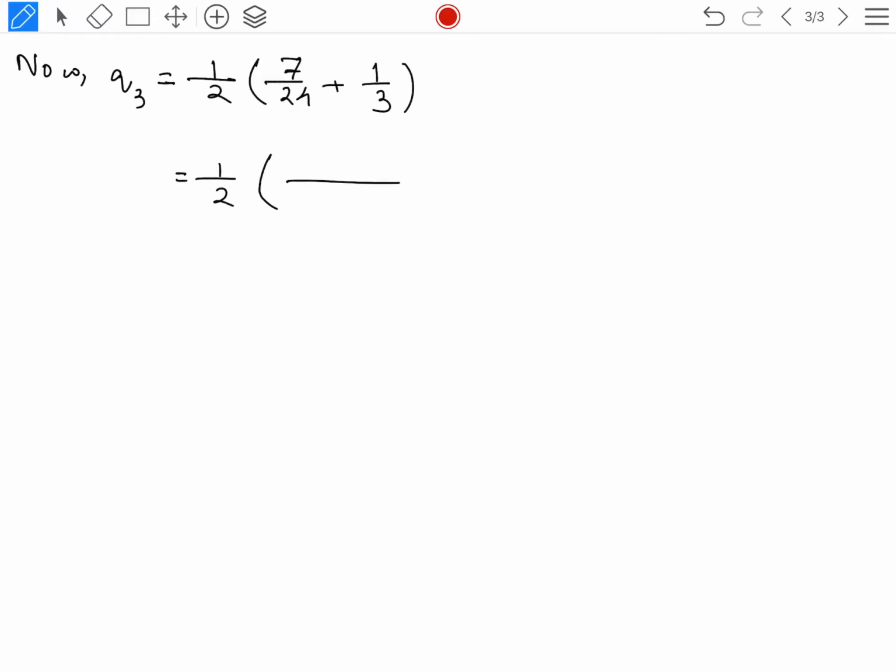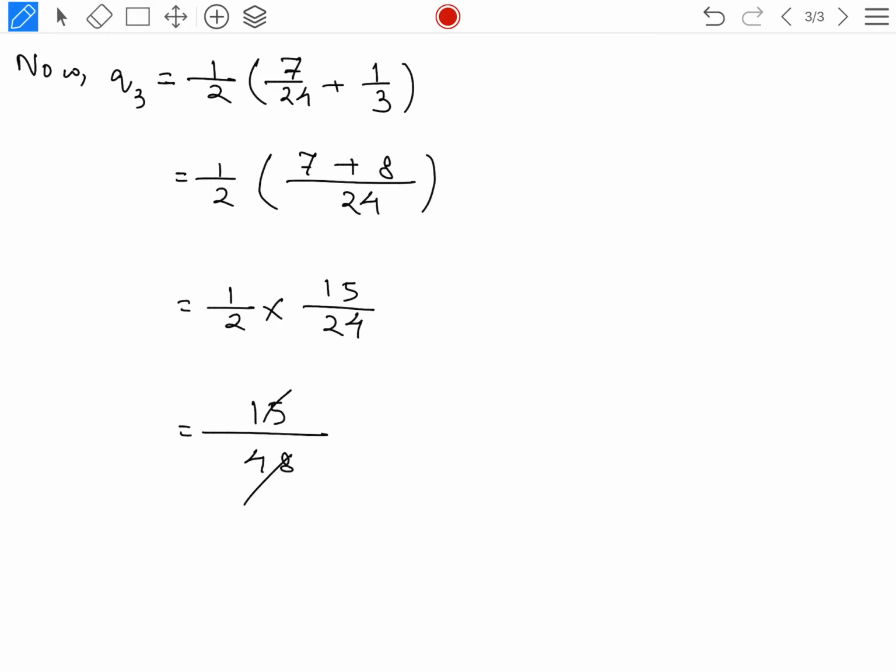Now if we solve this one, we'll get half, the LCM of 24 and 3 will be 24, so it will be 7 plus 8, 3 eights are 24, so we'll get 1/2 × 15/24. If we solve this one, we'll get 15/48. Understood? 15/48, and see, both are divisible by 3. 5 threes are 15, 3 fives are 15, and 3 sixteens are 48, so it will be 5/16.